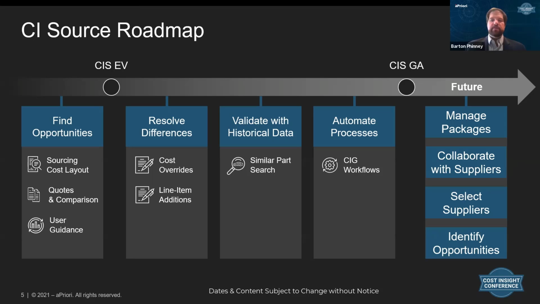The first is allowing the user to resolve differences they find when comparing the supplier quotes to the aPriori estimate by allowing them to make high-level overrides such as cycle time, number of operators, manufacturing rates, etc. We would also allow for the user to enter line items of costs into the aPriori estimate so that they can account for those areas of cost that they're seeing from the supplier that are not yet covered by the aPriori cost models, such as specialized material handling charges or additional NREs.